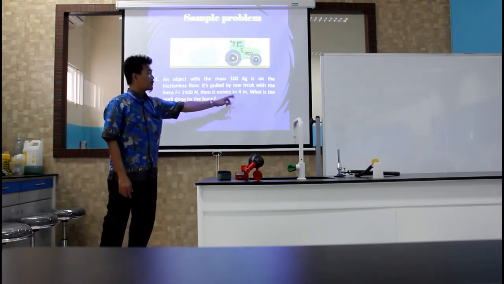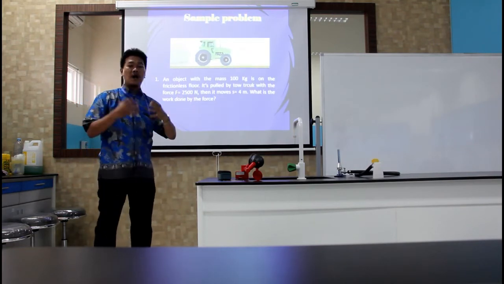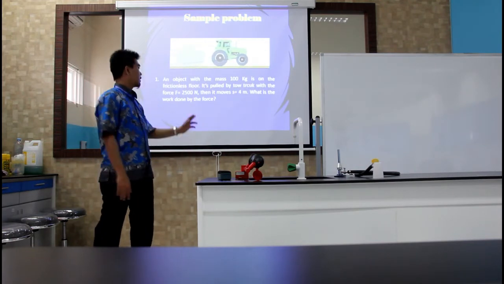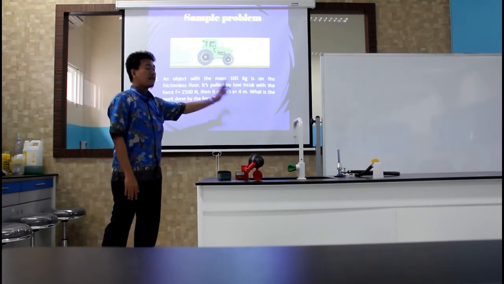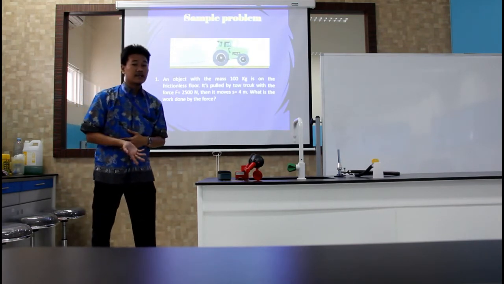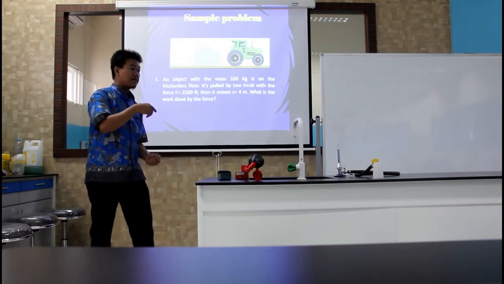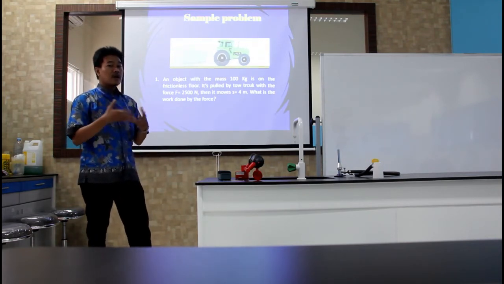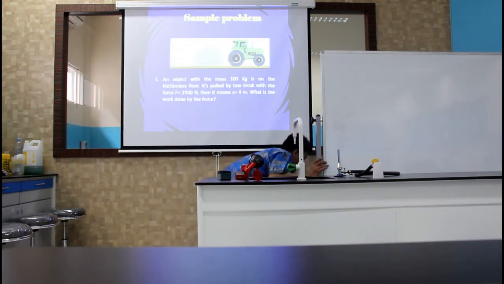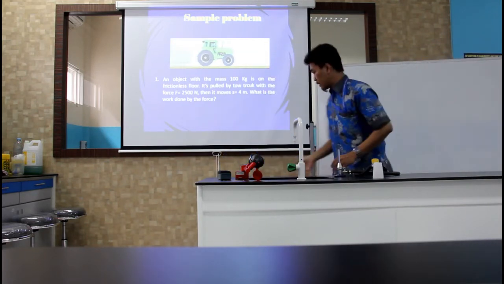It is pulled by a tow truck with force F equal to 2,500 Newton. Then it moves 4 meters. What is the work done by the force? Because this is the sample, we can solve it together. Look at here.